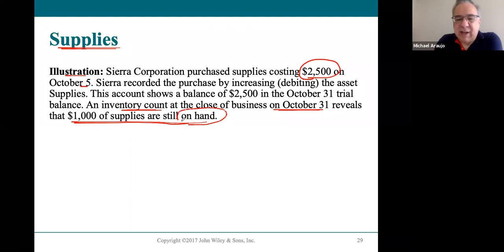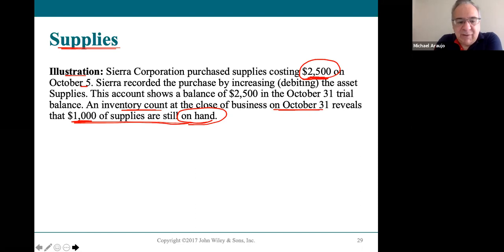This little phrase "on hand" simply means you still have that. It's right in front of you, still in your possession. Obviously, if you started with $2,500 worth of supplies and you only have $1,000 worth of supplies at the end of the month, you've used a lot of them. So the portion that you used can be expensed.